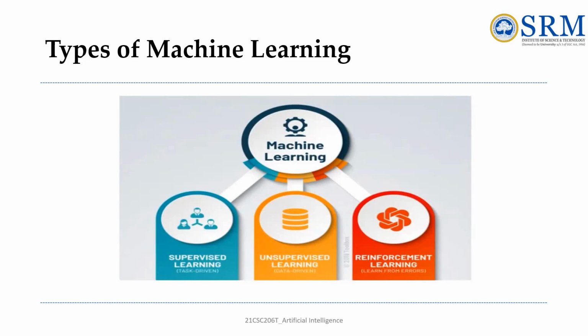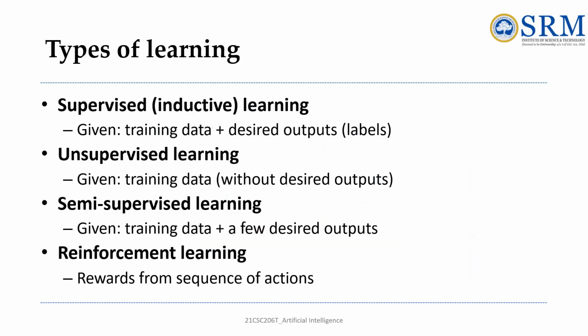Unsupervised learning finds patterns in unlabeled data, for example, grouping customers by purchasing behavior. Semi-supervised learning uses a mix of labeled and unlabeled data. Reinforcement learning learns by trial and error using rewards, for example, training a robot to walk. In this lecture we will focus on supervised learning, which is the most common and widely applied type.